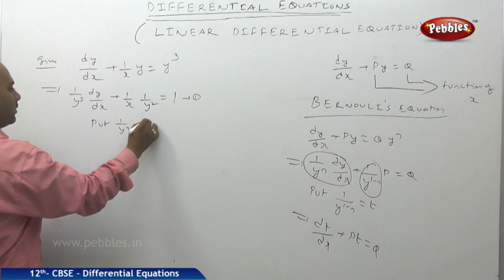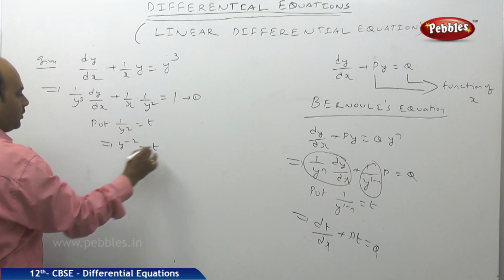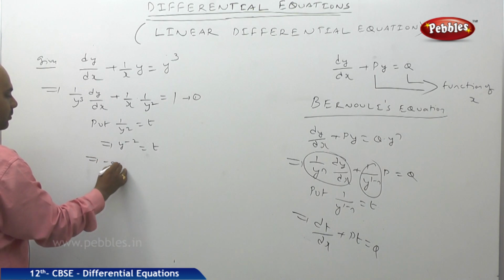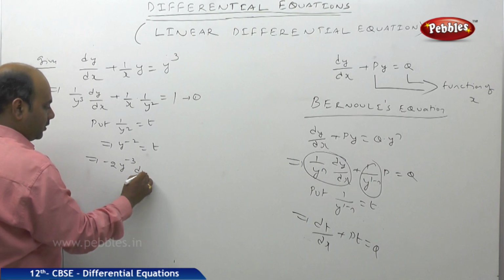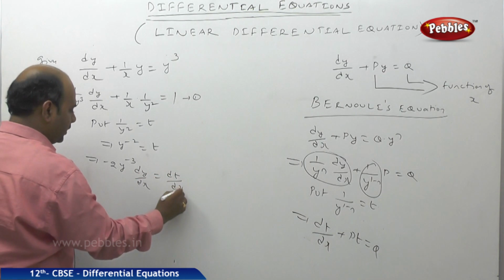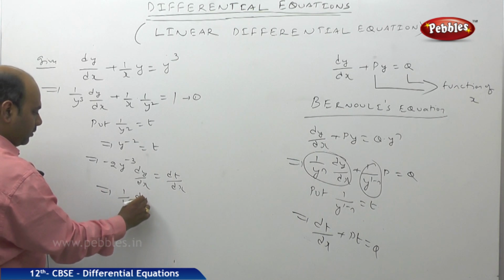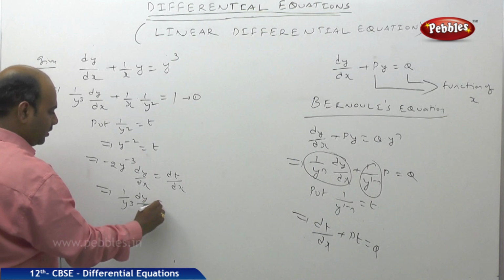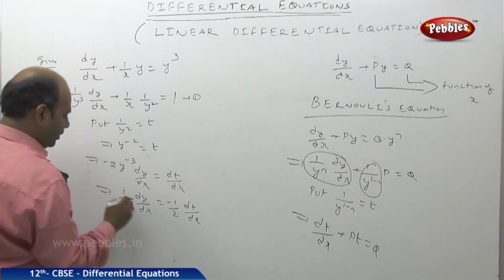Put 1/y² equal to t. That means y^(-2) = t. Differentiate with respect to x: -2 y^(-3) dy/dx = dt/dx. So (1/y³) dy/dx = -(1/2) dt/dx.